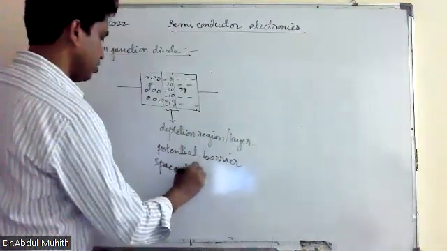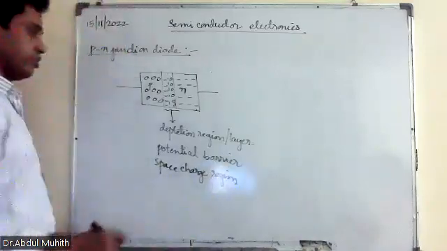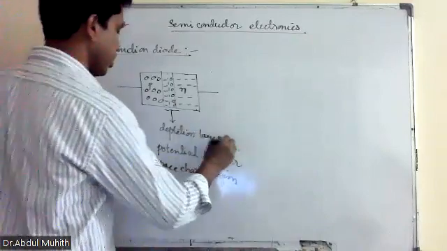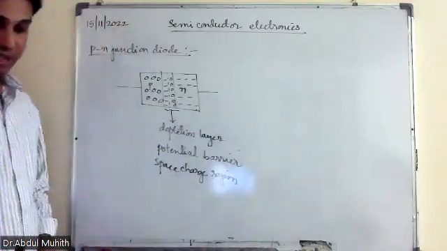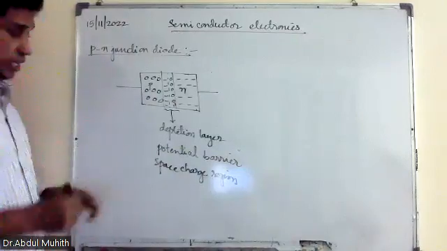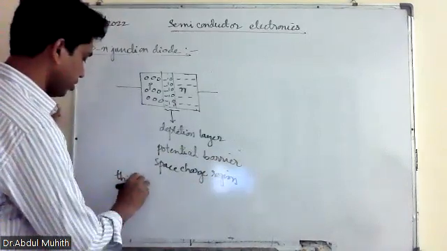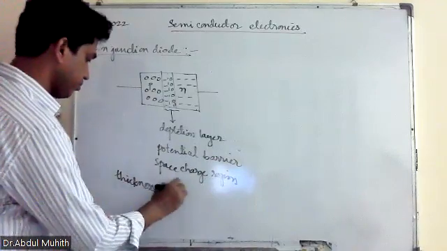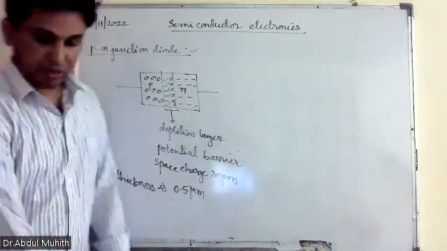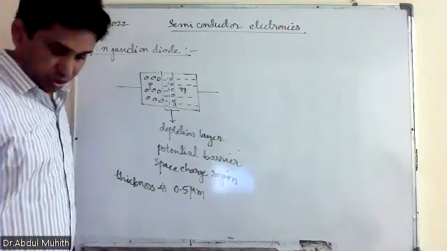There are names for this: we say depletion layer, we say space charge region, or we say potential barrier. So what is the thickness of the depletion region? The thickness is 0.5 micrometer.